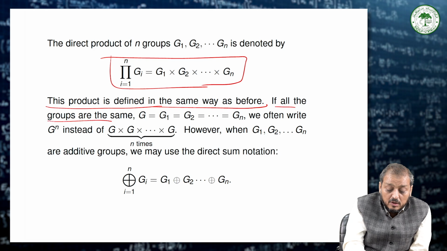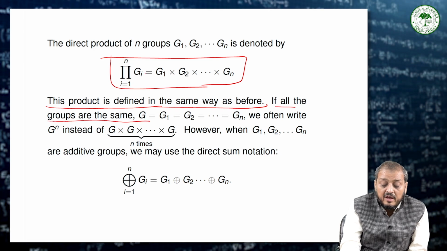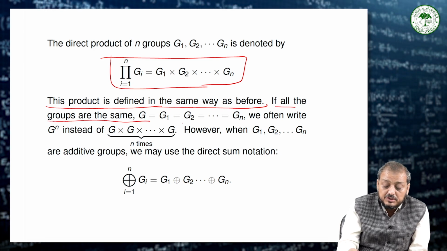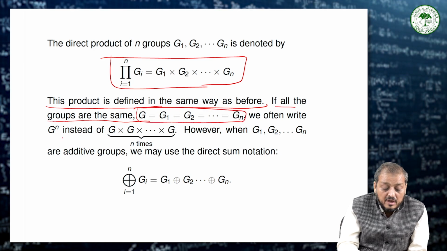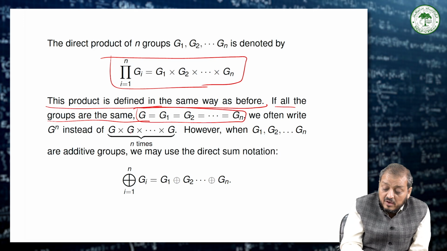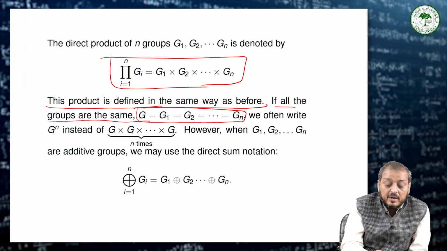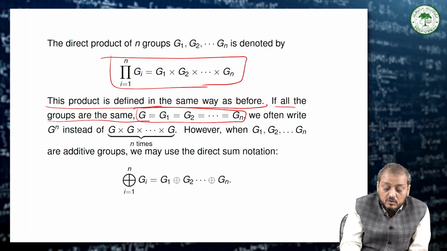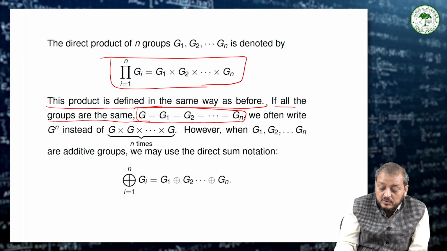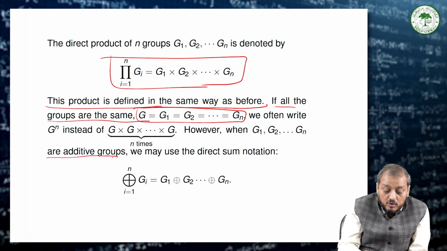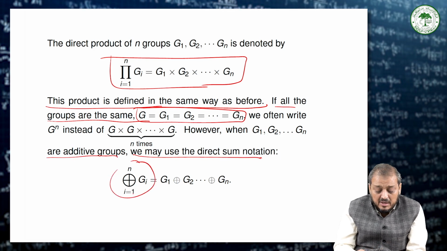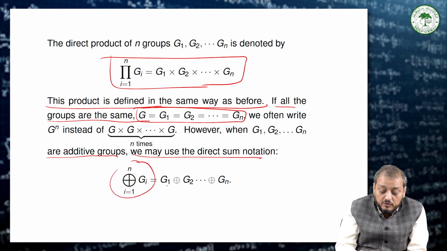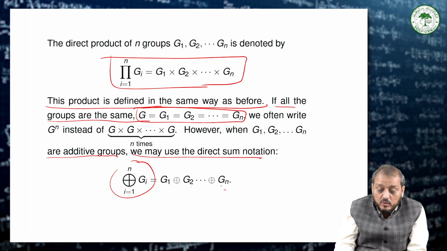If all the groups are the same, that is G1 equals G2 and so on, so all are elements of G, then instead of writing G cross G n times, we often write G to the power n. However, if G1, G2, up to Gn are additive groups, we may use the direct sum notation: the direct sum of Gi for i running from 1 to n, G1 direct sum G2, and so on.